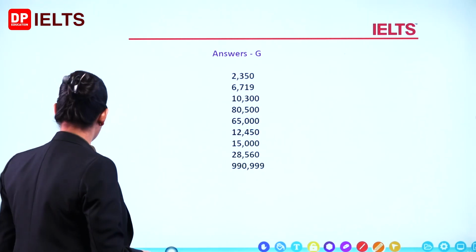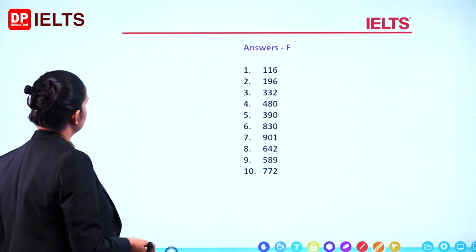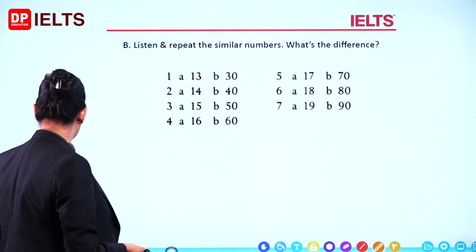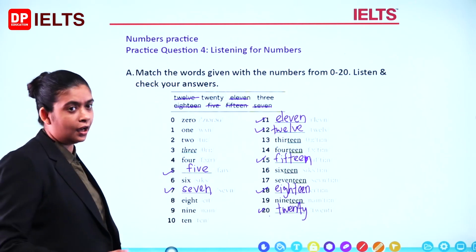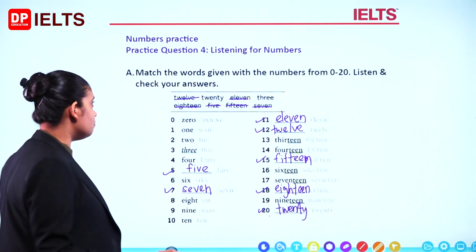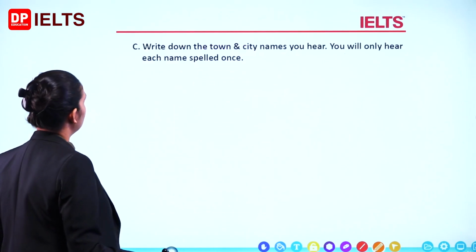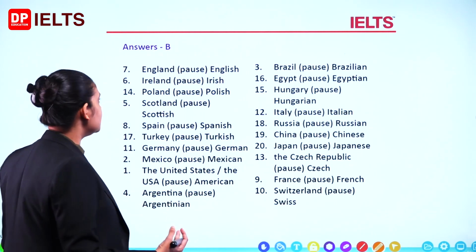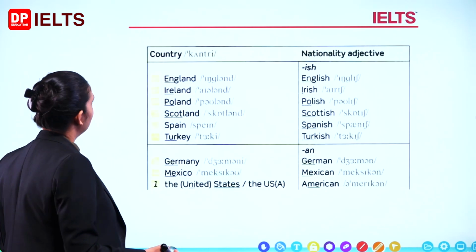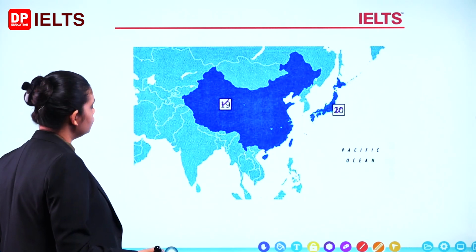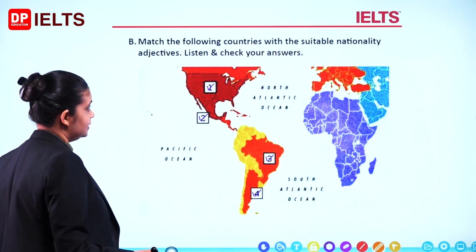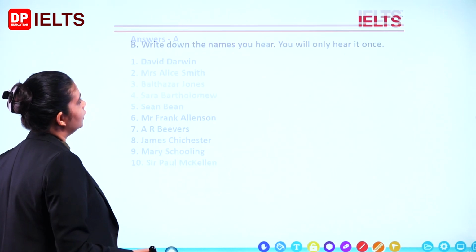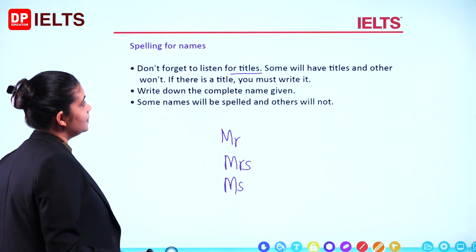All right, so let's have a look at the answers, and these are the answers. Right, so I think we have come to the end of the lesson, right, where we did a lot. We had a look at numbers, right? We had a look at how people would tell phone numbers, and then we were having a look at names of places, towns and cities. We were having a look at countries and nationalities in terms of adjectives, right? We were looking at people's names, right?